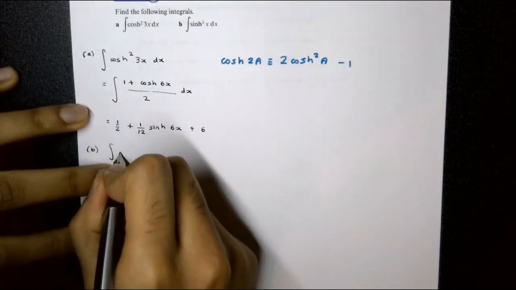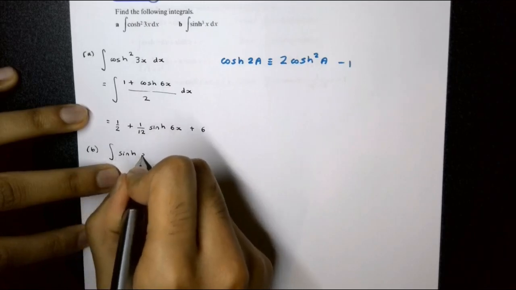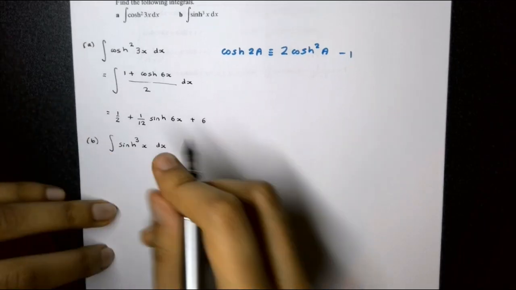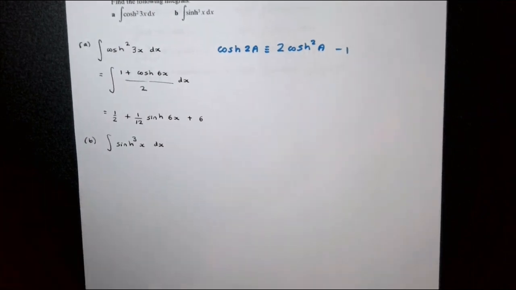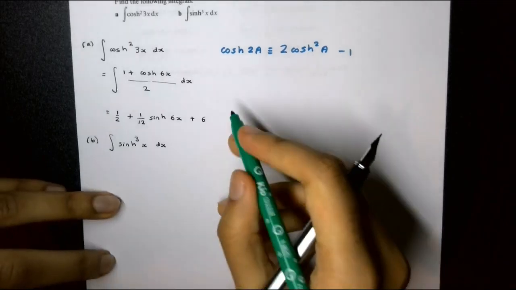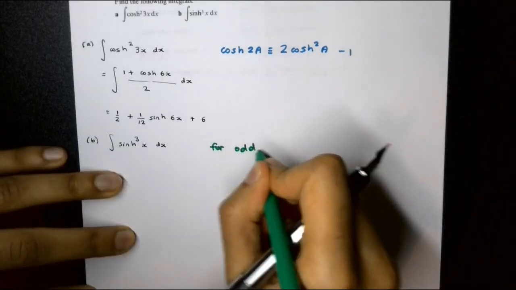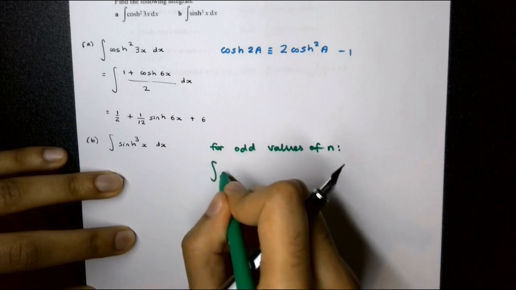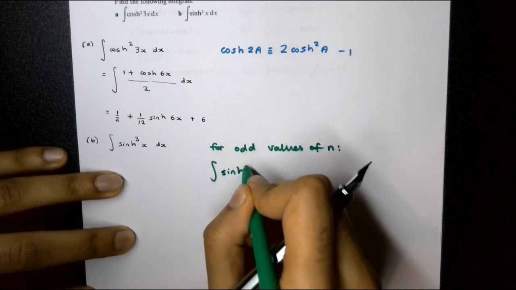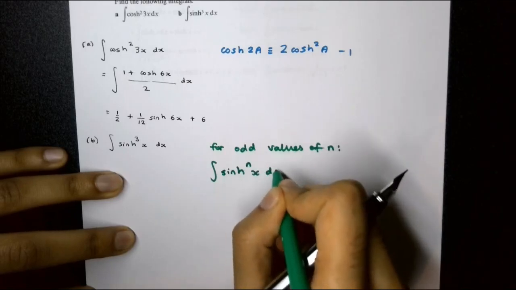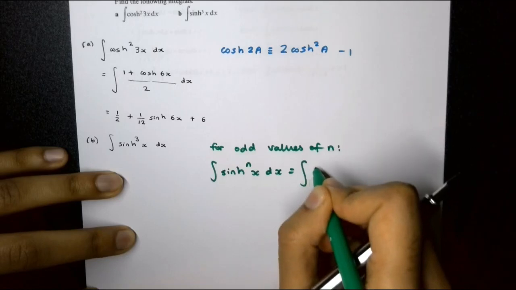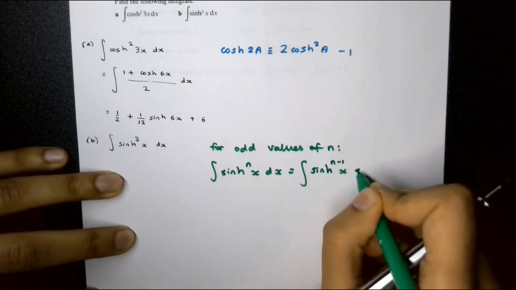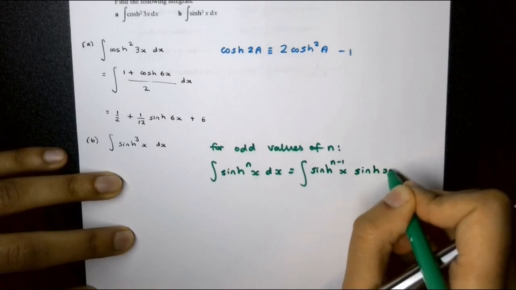We've got the integral of hyperbolic sine x cubed dx. Now to do this, we can use the result over here that, if we write it down, for odd values of n, the integral of hyperbolic sine x to the power of n dx is equal to the integral of hyperbolic sine of x to the power of n minus 1 times hyperbolic sine of x.